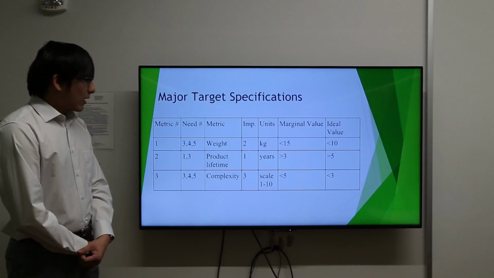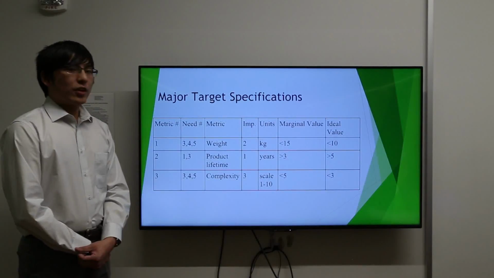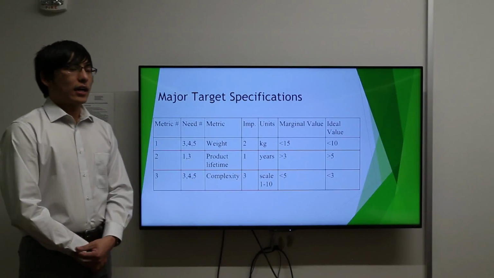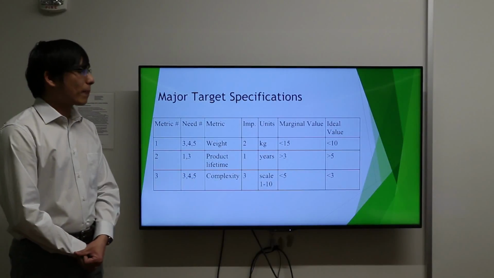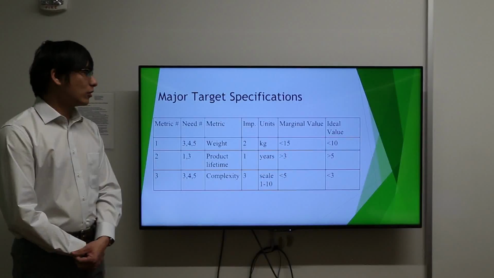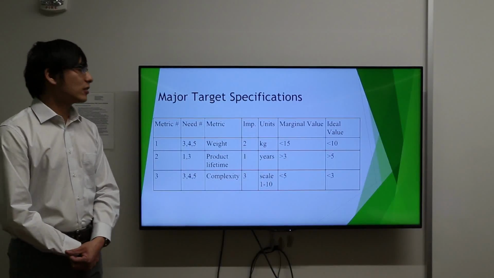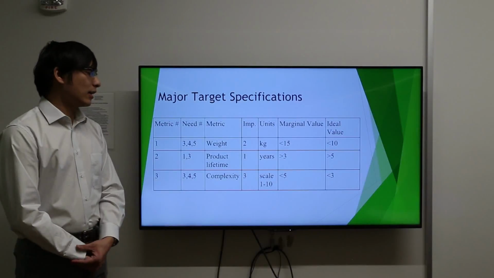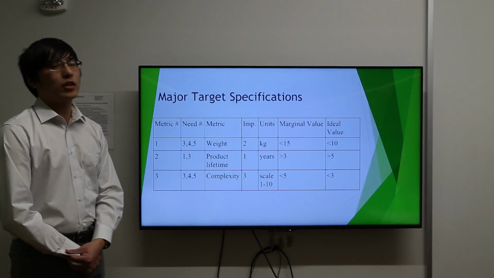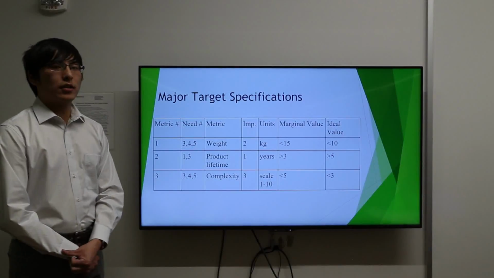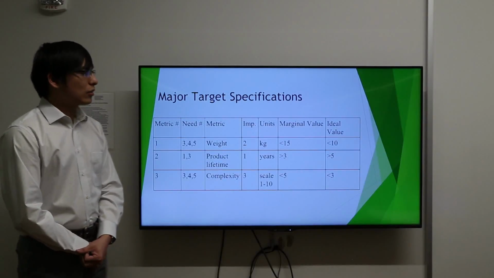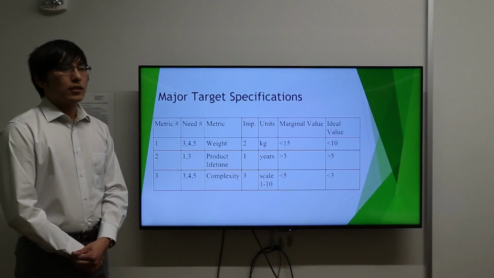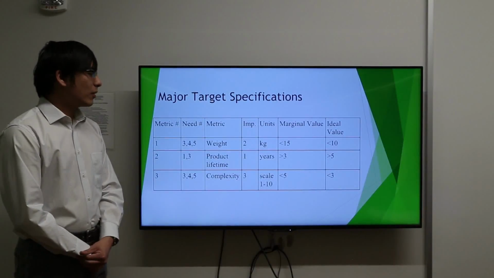For the complexity, we don't really have a unit for it. So we just give it a score from 1 to 10, and we compare it to our benchmarking product. For the benchmarking part, you're going to see the product we chose to benchmark with has a really high complexity, which is going to affect its cost and its reliability. For our product, we really want to just satisfy our basic requirements.